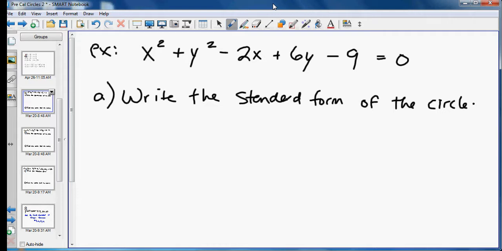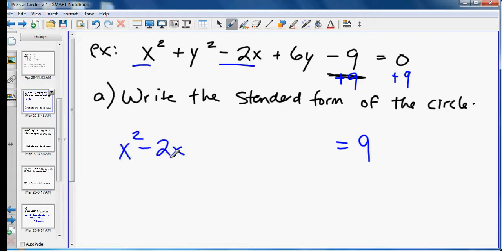Next, we need the constant, the number that's all by itself, to go by itself over the other side. So I'm going to add 9 to both sides and have that over there. The next thing I need to do is just change the order these terms are written in so that the x's are together. So I'll have x squared minus 2x, and the y's are together, y squared plus 6y.